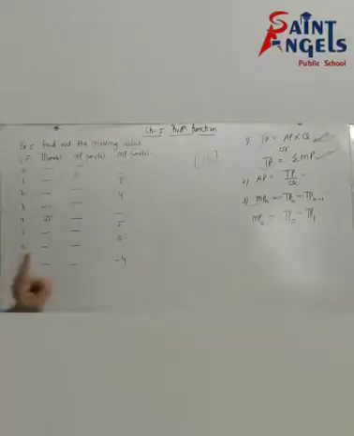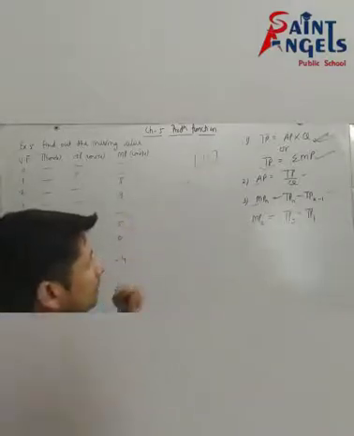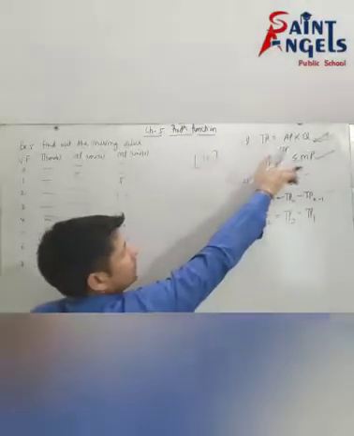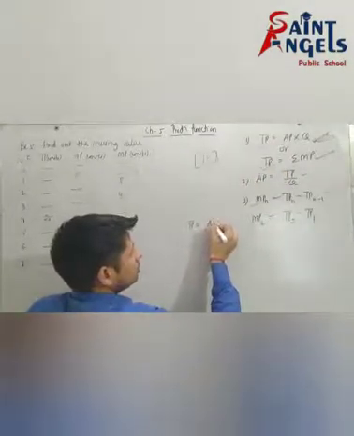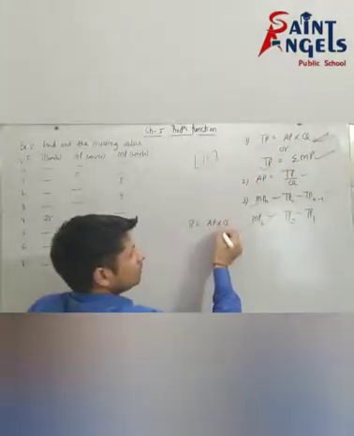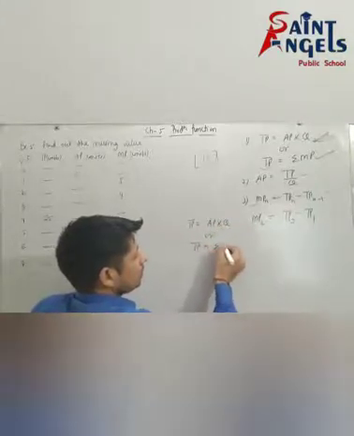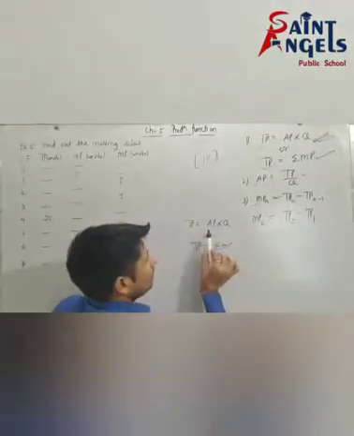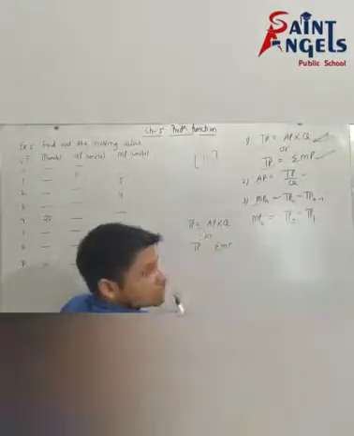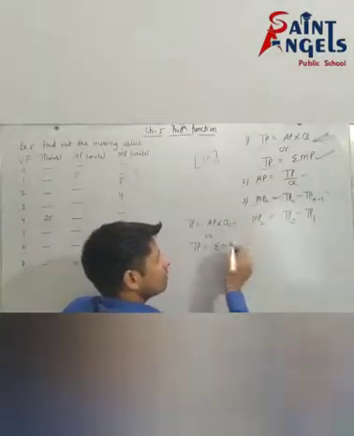For this type of question, we will find value of TP first. What is the formula of TP? TP is equal to AP into Q, or TP is equal to sigma MP. Suppose when value of AP is given, then we will use this formula.